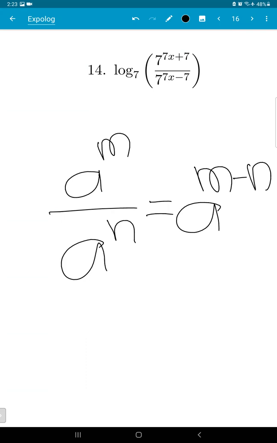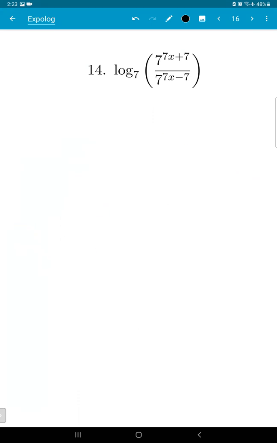Logarithm base 7 of that is 14, yes. So simplify the expression inside. You subtract the exponents.